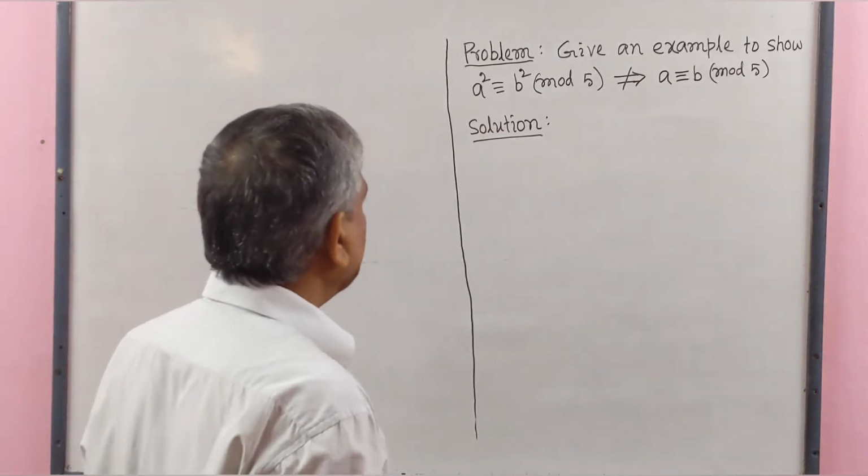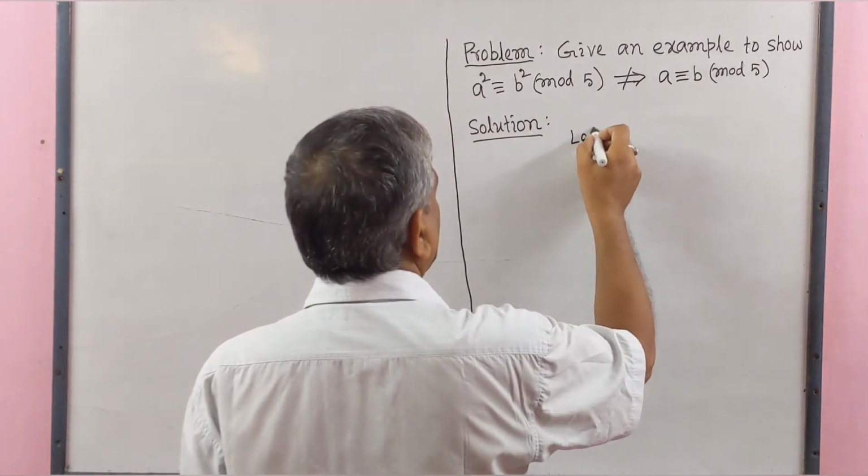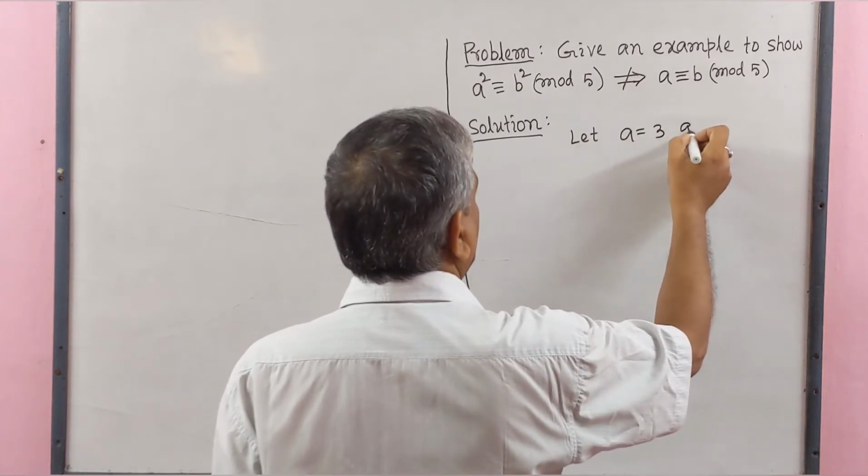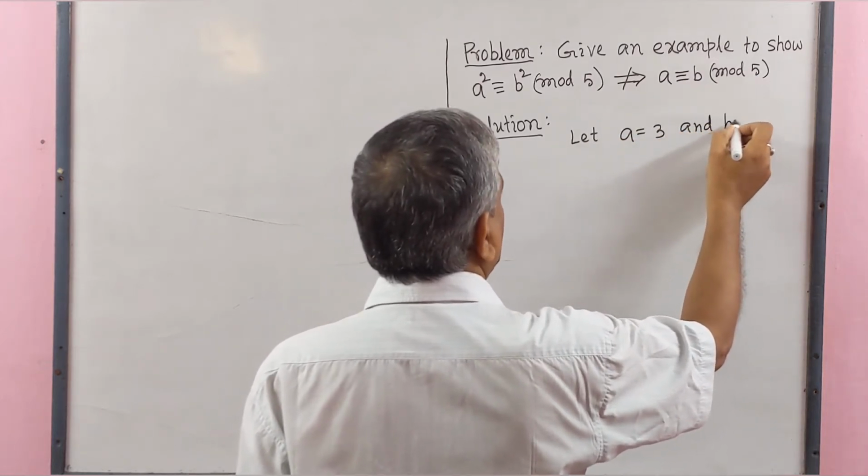Now we solve this. Let a equal to 3 and b equal to 2.